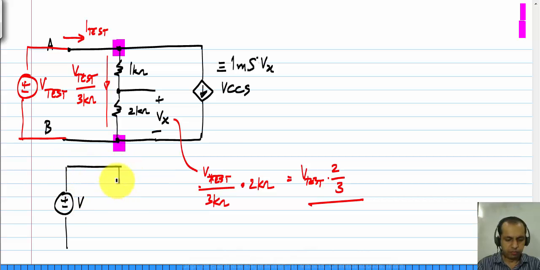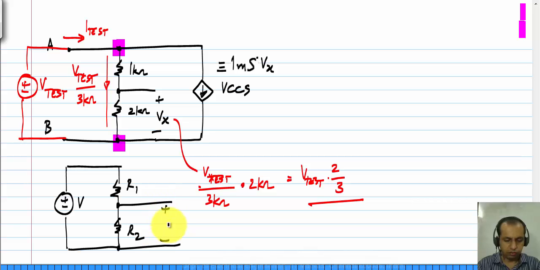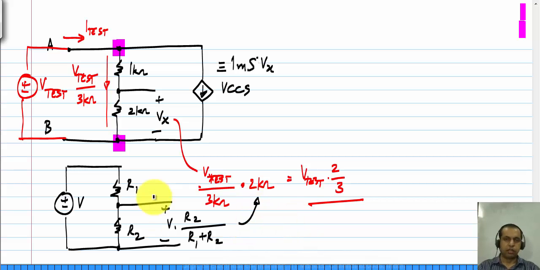If I have V and R1 and R2, across this I'll have V times R2 by R1 plus R2. Okay, so that's exactly what I get, and the way to derive this formula is to realize that current through this is V divided by R1 plus R2, and that current times this resistance is the voltage across R2.